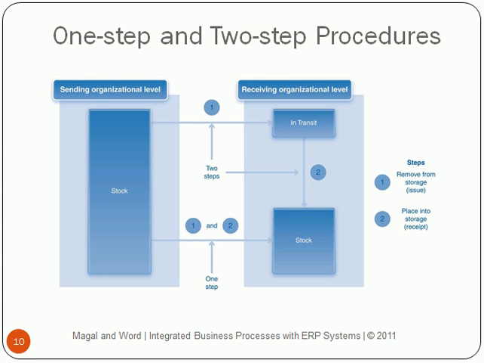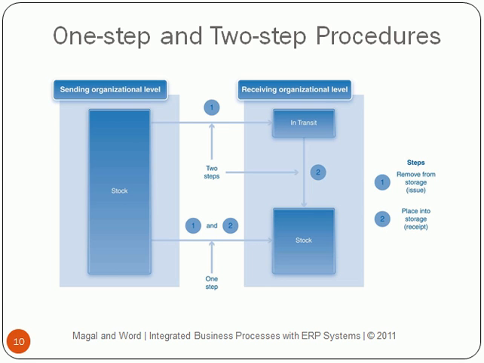So here is the one step and the two step. In a one step, as we said, we're moving stock from the sending organization to the receiving organization. One document is created and that's it. In that one document, on one line you specify the sender, on another line the receiver.